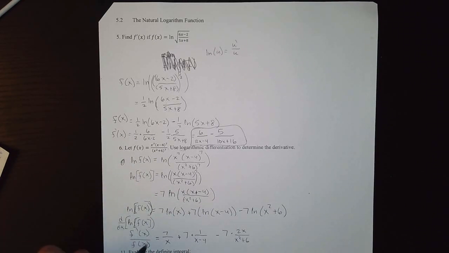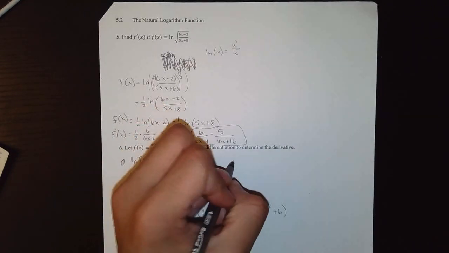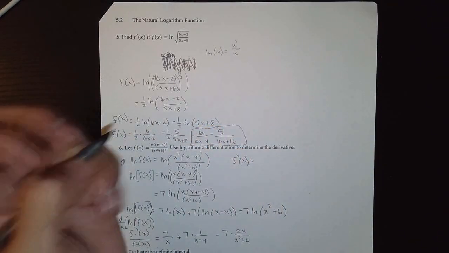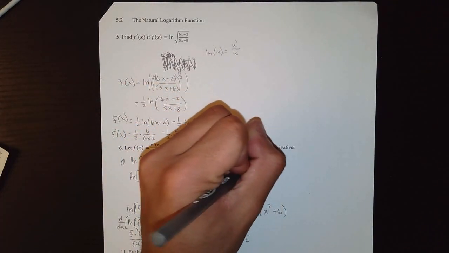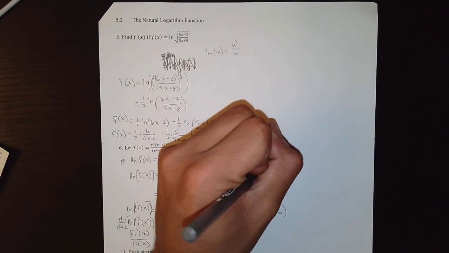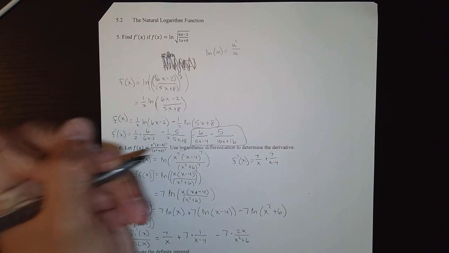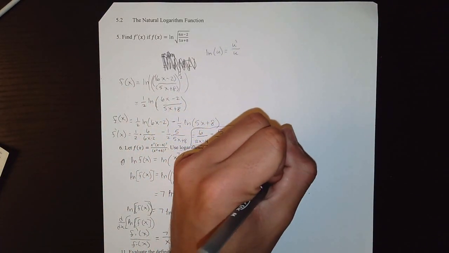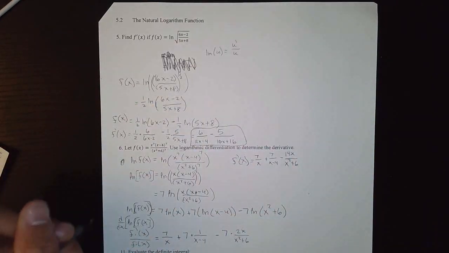Well, now we have something in terms of f prime of x and f of x. So our last step would be to multiply both sides by f of x and solve for f prime of x. So this would mean f prime of x equals 7 divided by x, plus 7 divided by x minus 4, minus 14x divided by x squared plus 6.